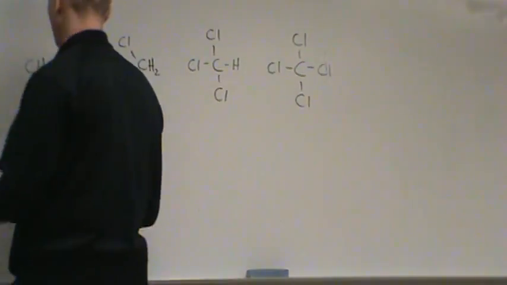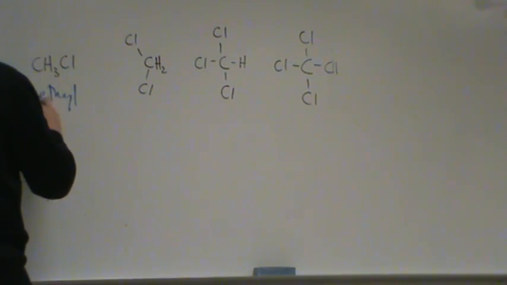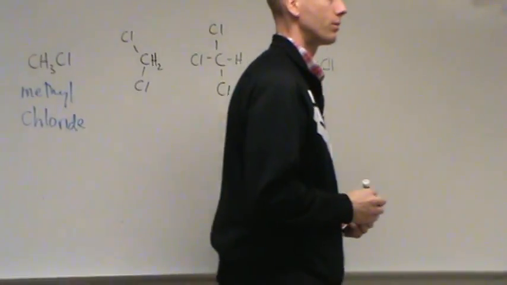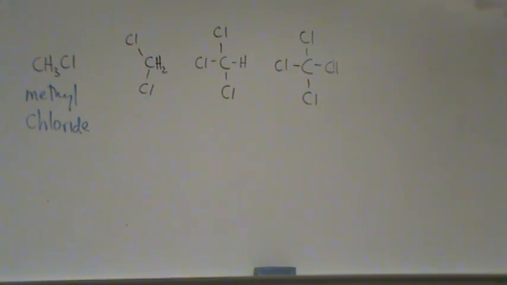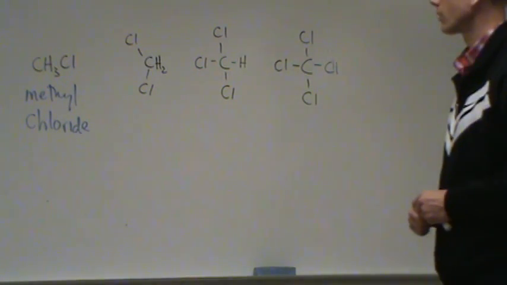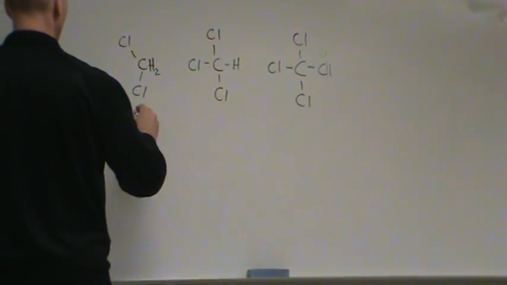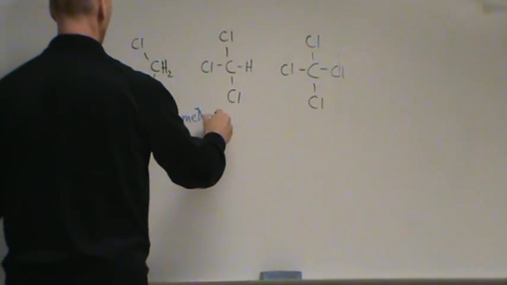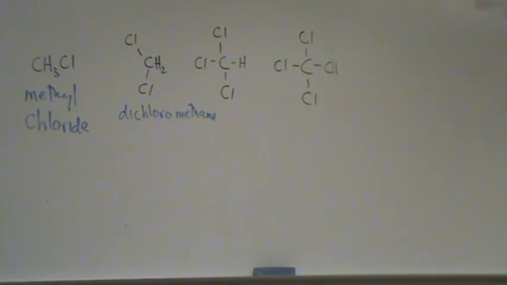Okay, so we already saw how to name the first one. Methyl chloride. Okay. What will be the name of the second one? Methyl dichloride? Okay, so you could call it dichloromethane, right? Okay, so one carbon is methane. You've got two chloros there.